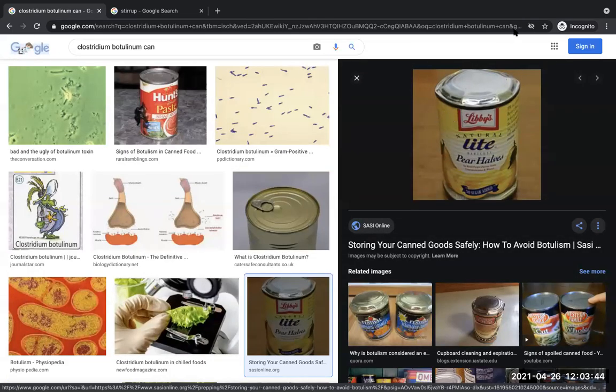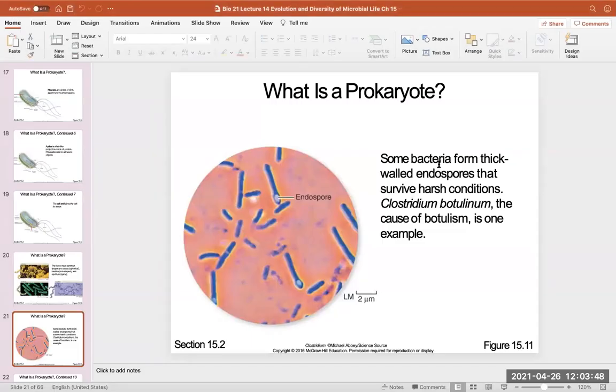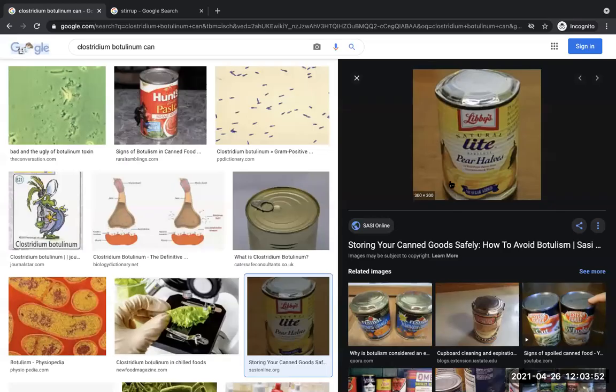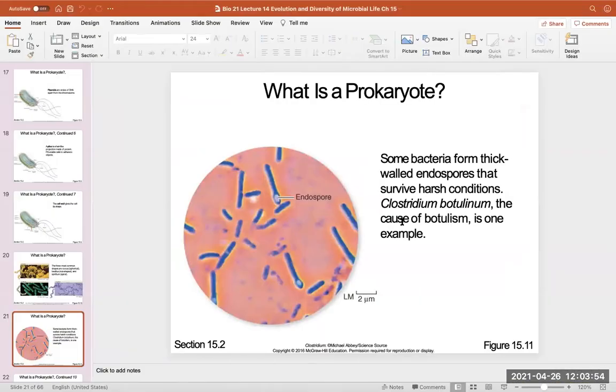That means there is bacteria in there that's making gas and causing the can to look like this. So that's Clostridium botulism, a type of bacteria that can make endospores. These endospores can survive very, very harsh conditions.